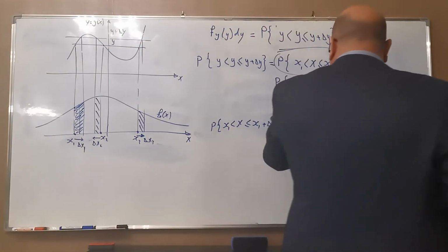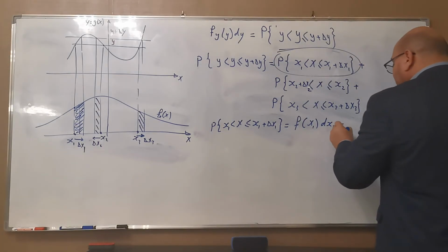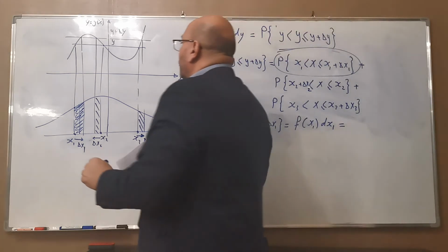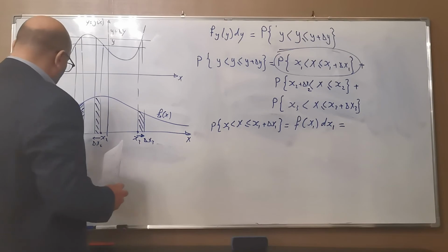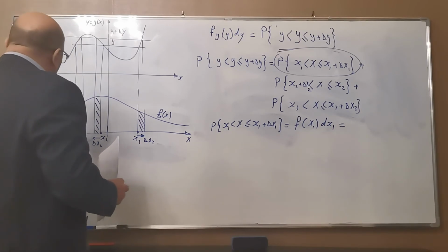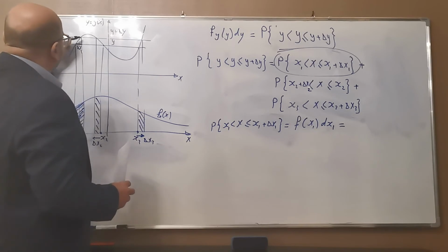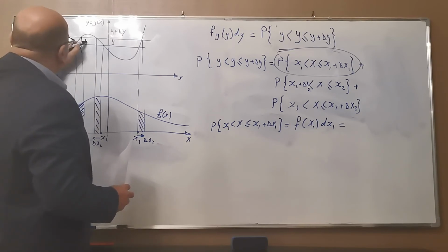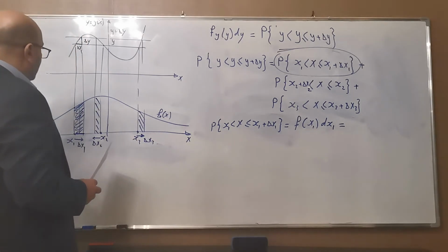So f of x1 times dx1. Okay, and if you go up here, you can see that this dx1 is the same as here. So this one is dx1, and here is delta y, or dy.